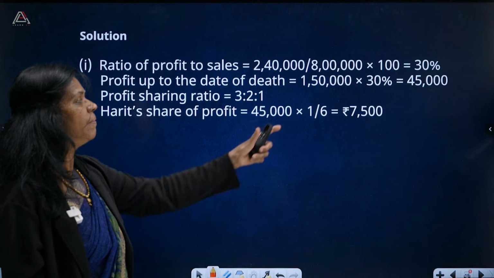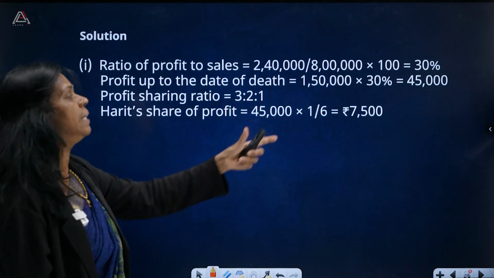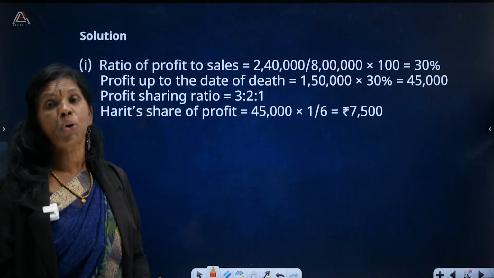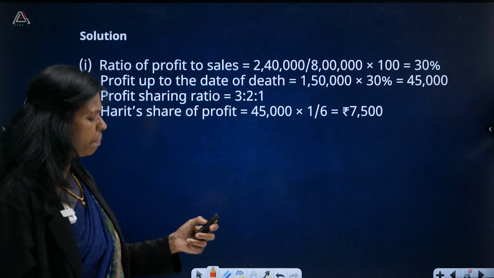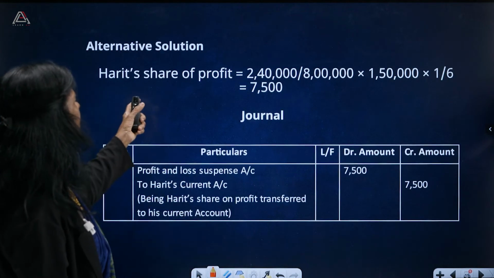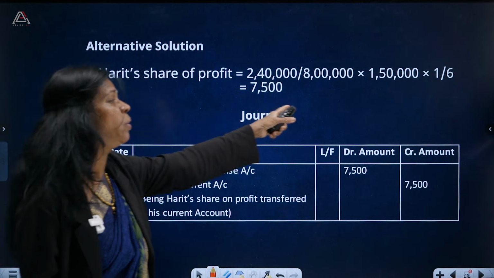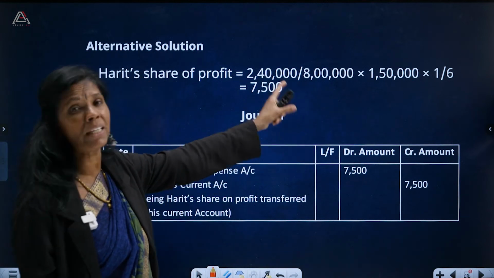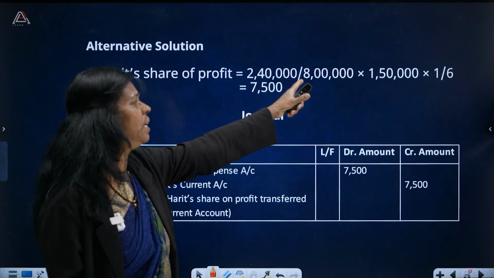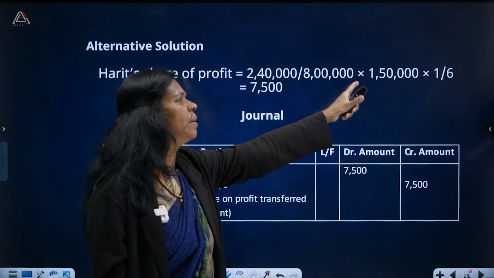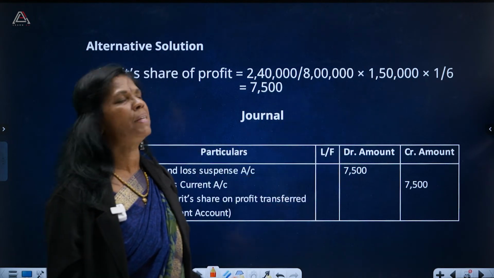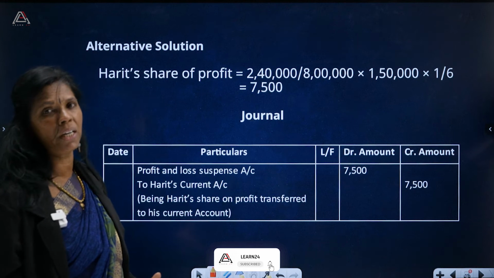Okay, then first part over. This is an alternative solution: profit divided by sales into 1,50,000 into 1/6. That is 7,500 you will get.